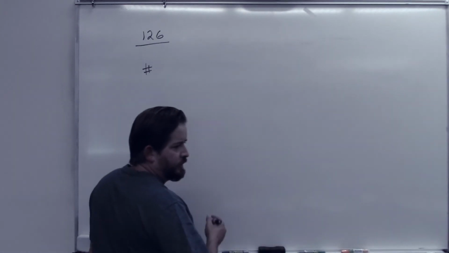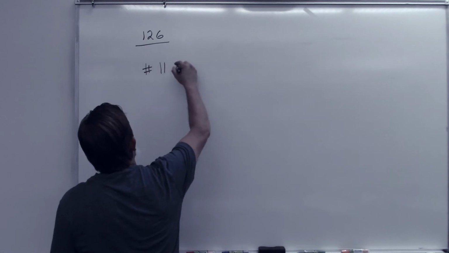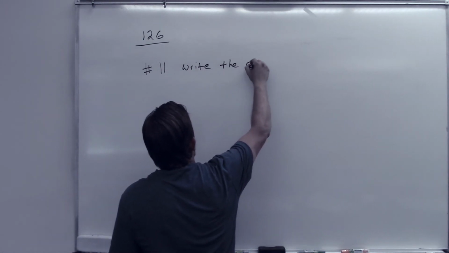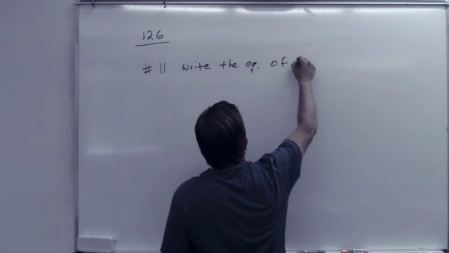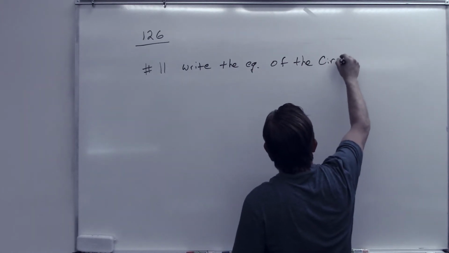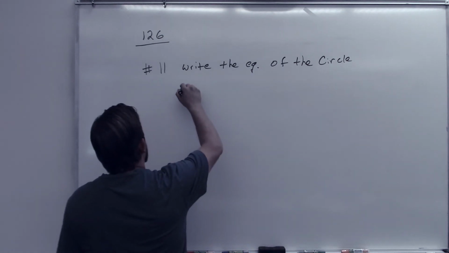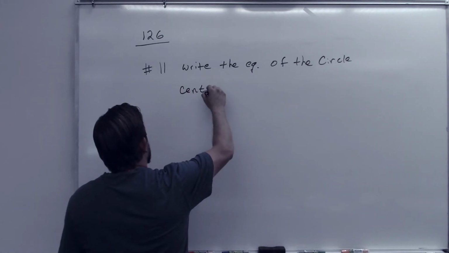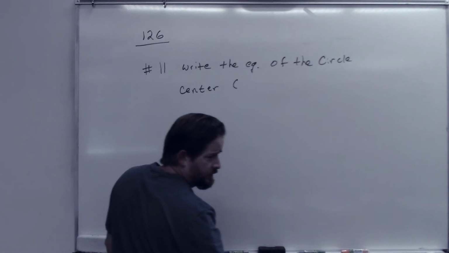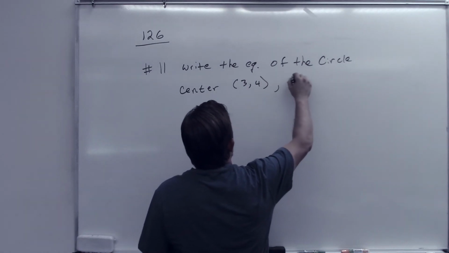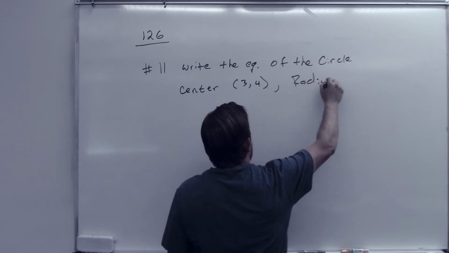Eleven says find the equation of the circle with a center of 3, 4, and a radius of 5.